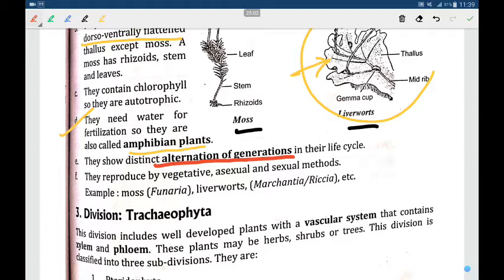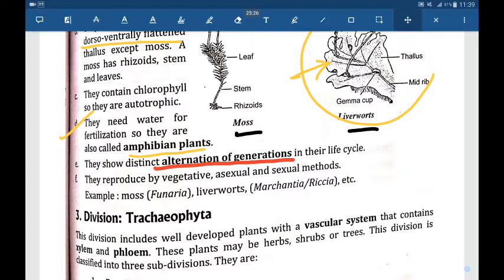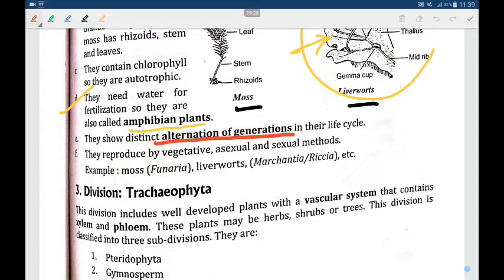In these organisms, in some stage there is fusion of gametes, and in some stage no male and female gametes are produced. But in their whole life cycle, there must be fusion of gametes and also without fusion of gametes. That is alternation of generation. Now students, examples: moss, liverworts.